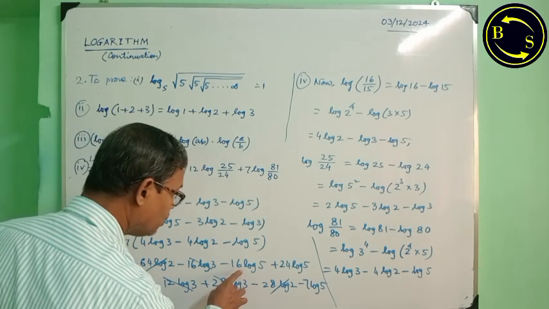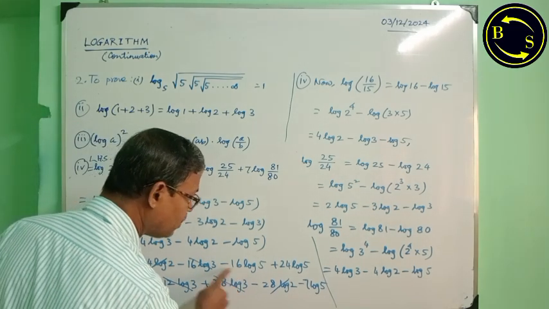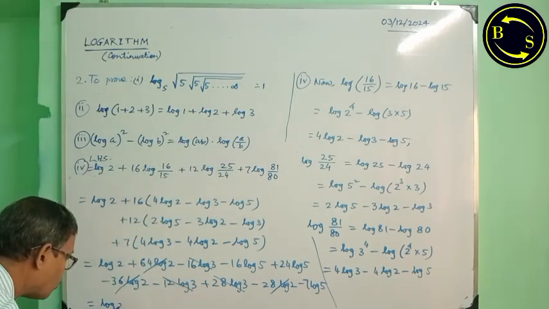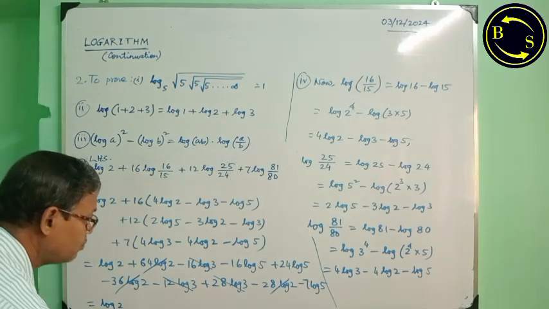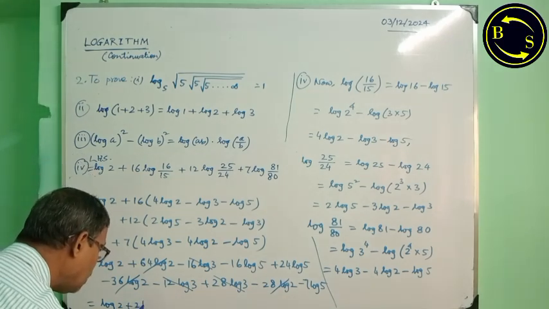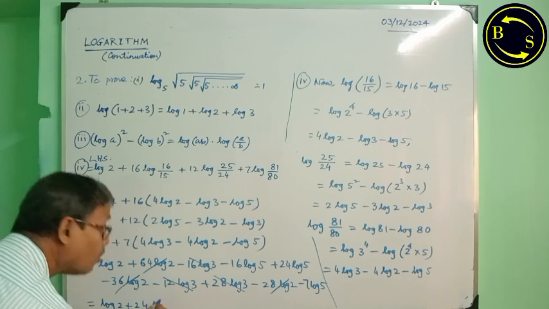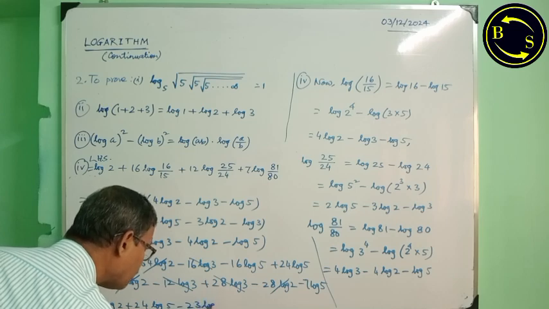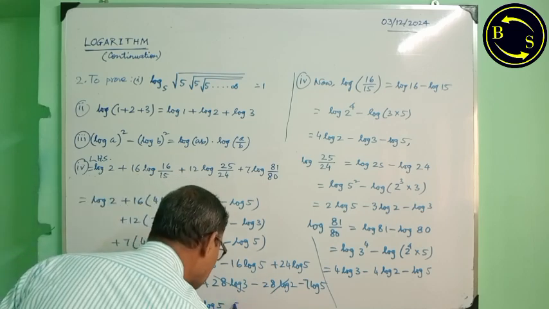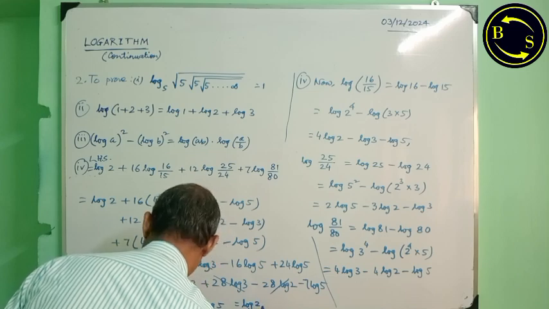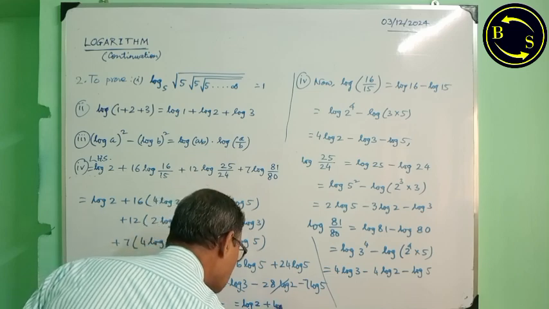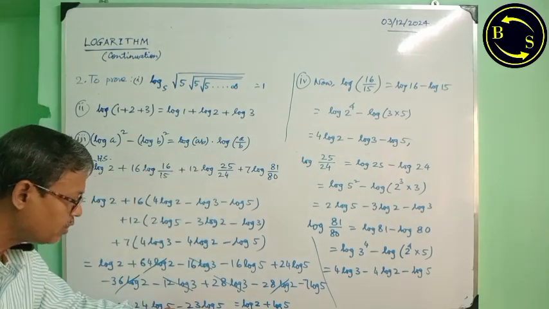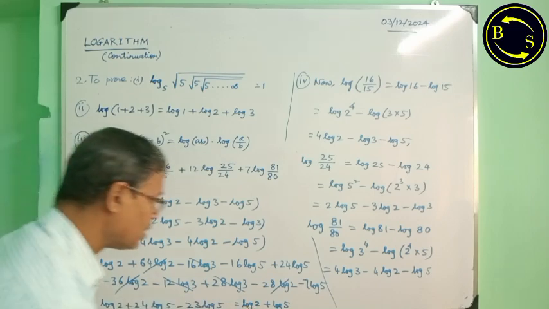Then 16 log 5 negative minus 7 log 5, that means in this step we get log 2 plus 24 log 5, and these two minus 23 log 5, so that log 2 plus log 5, 24 log 5 minus 23 log 5 is log 5.